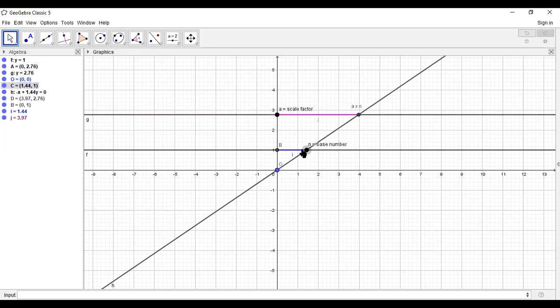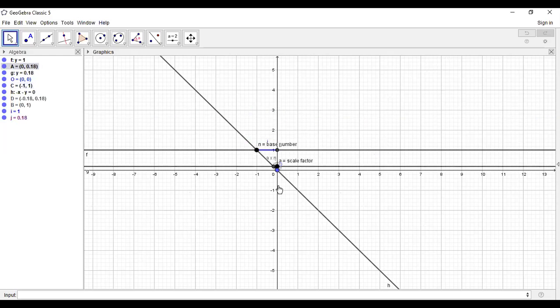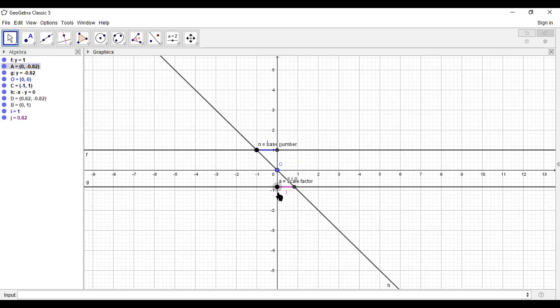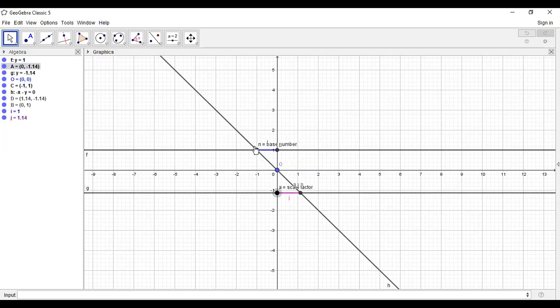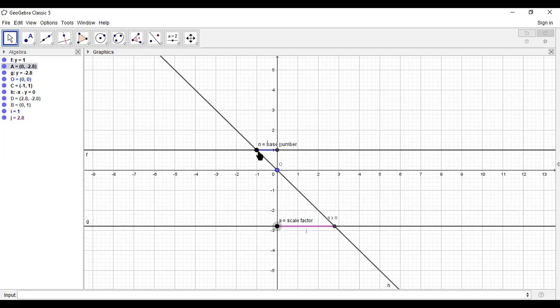So you can see as n goes from positive to negative, AN also becomes negative with A positive. And similarly, as A becomes negative and n negative, AN becomes positive. So all those things can be nicely observed.